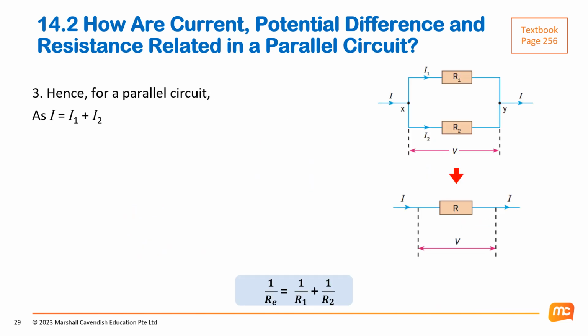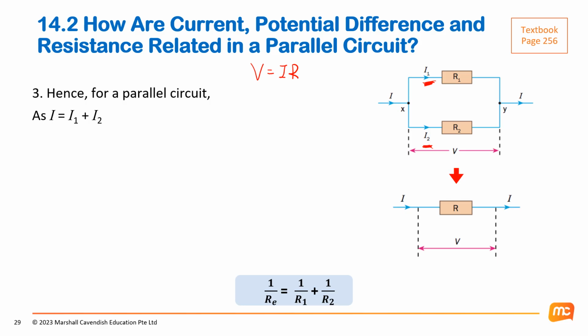So we're going to use what we have learned to derive how the effective resistance behaves for a parallel circuit. We're going to use what we already know, which is that the total current is the sum of the individual currents in each of the branches, and we're going to make use again of the V equals IR relationship, because this is always true no matter what arrangement you have.